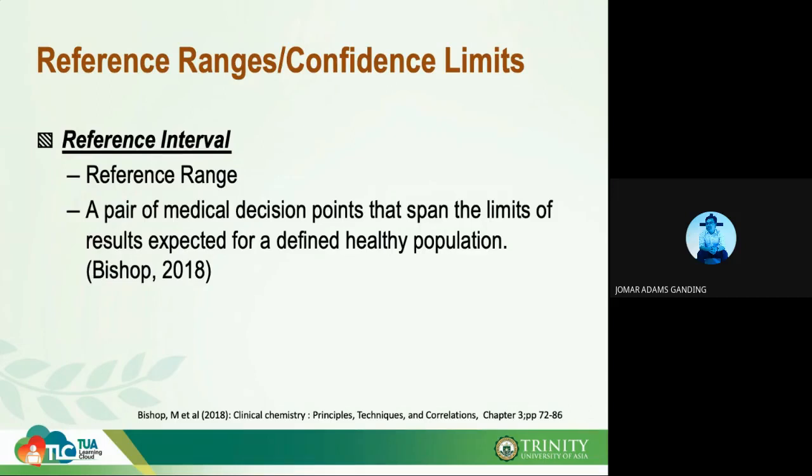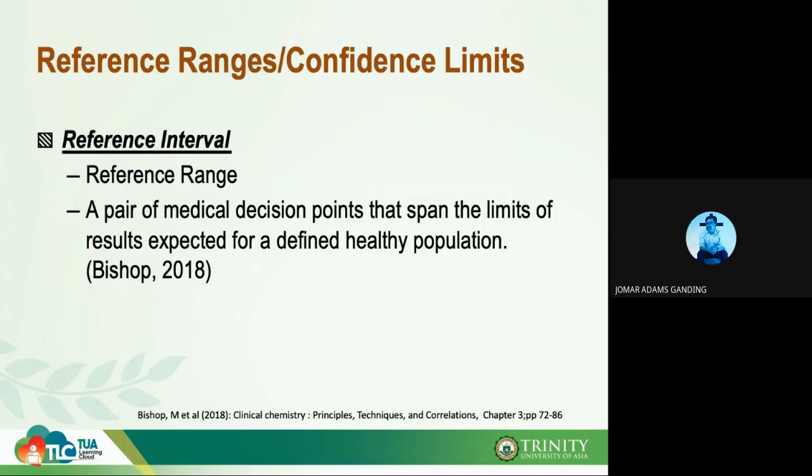Why do we compare it to the patient's result? Because the reference range or the reference interval, it's interchangeable, guys. You can say reference range or reference interval, that would be accepted. The purpose of your reference range or your reference interval is to provide a medical decision point. When we say medical decision point, the physician, the one who will be interpreting the patient's result, would know what the implication is, what the result is all about.